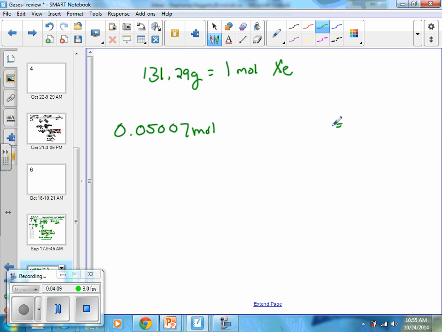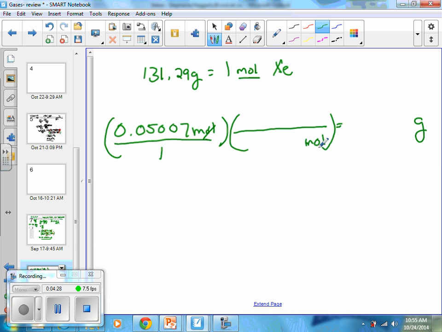I want to end up with an answer in grams, so I need to multiply by my ratio. We'll put this over 1 to make it a fraction, and then we'll write our ratio of grams to moles also as a fraction. If I'm trying to end up with my answer in grams, I need moles to be in the denominator so that moles will cancel, and grams in the numerator. So it's 131.29 grams for every 1 mole of xenon.